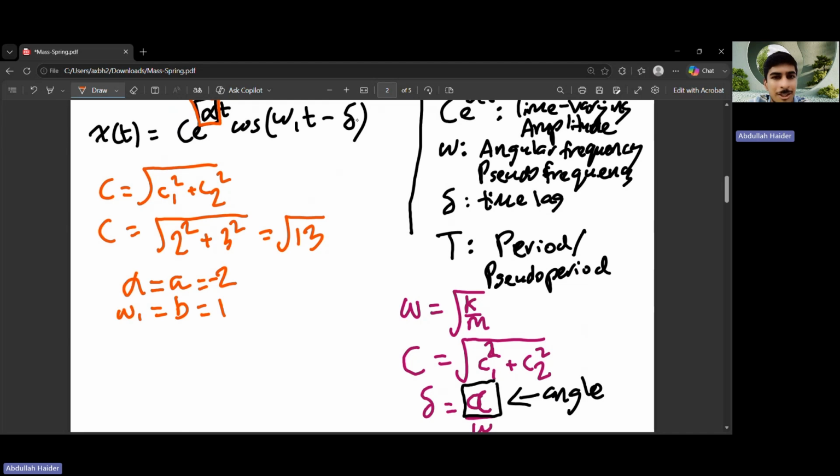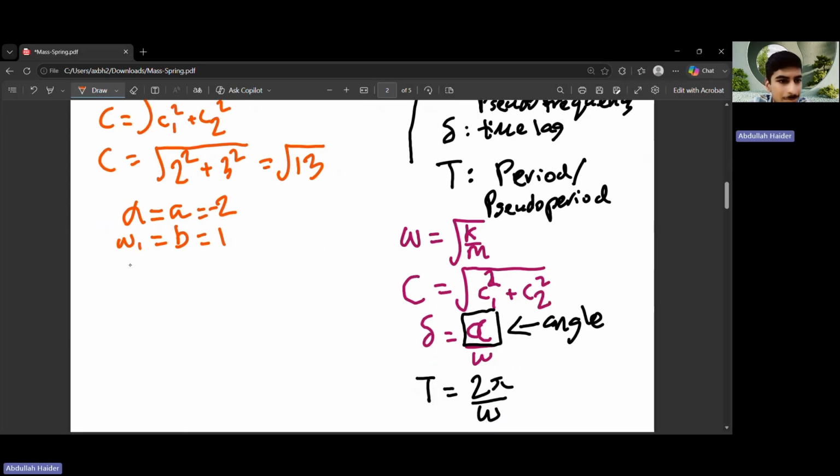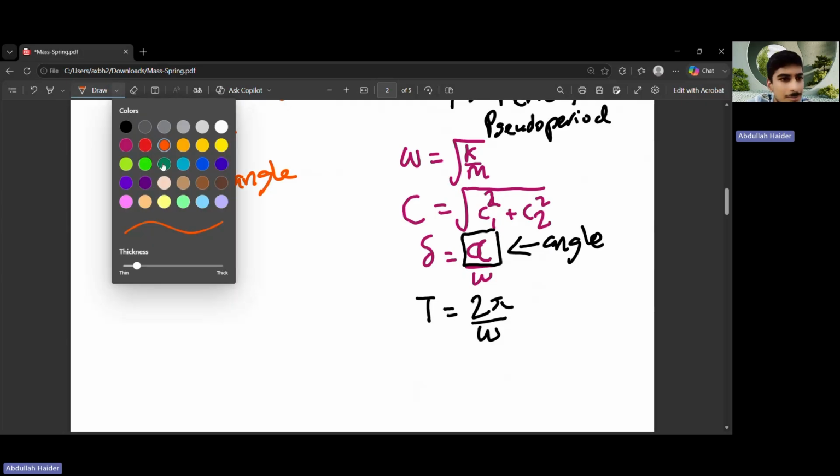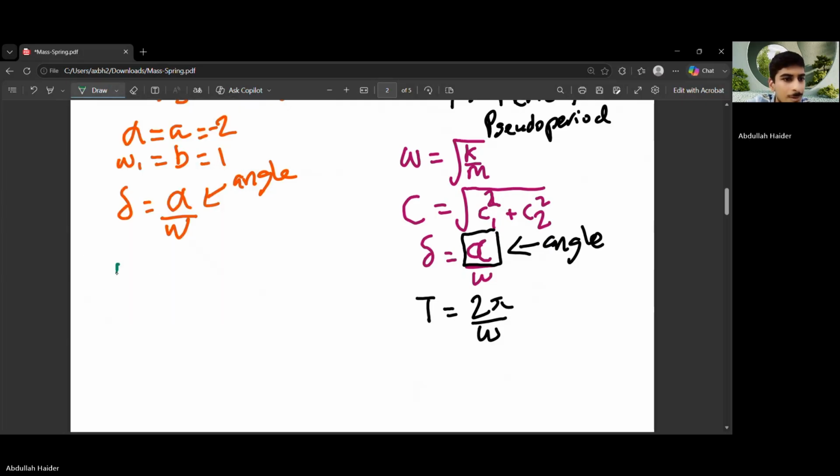In this equation, the only thing we're left with is the time lag. So the time lag, delta, is equal to alpha over omega. And as I said before, this alpha is the angle, not A. So how to find this alpha?